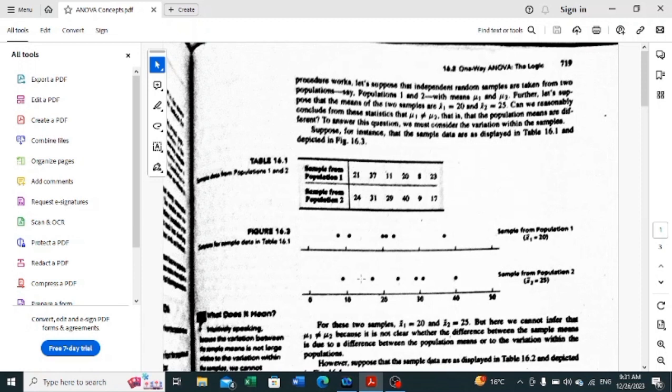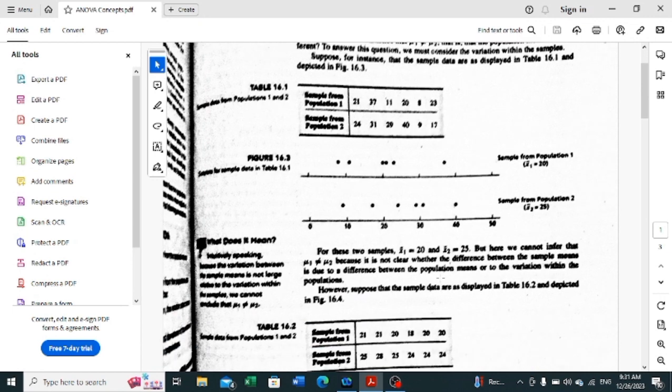So this zone of the second data is overlapping with this zone of the first data, whereas this zone of the first data, which has a lower mean value, is overlapping with this zone of the second data.